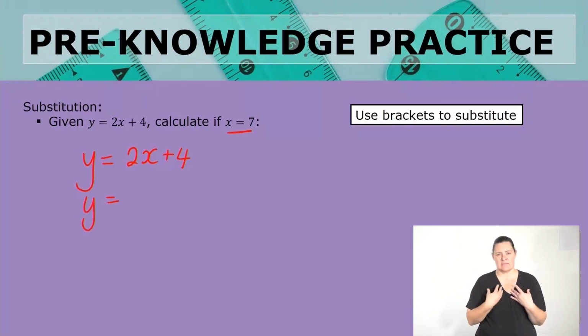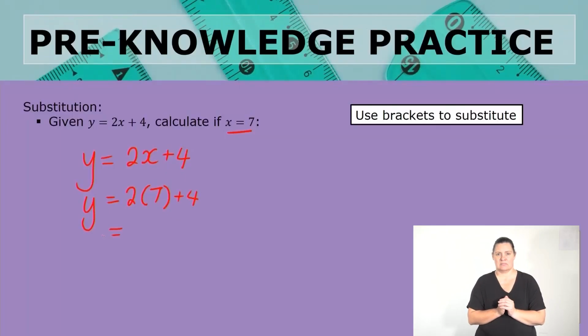We have been given x is equals to 7. This means that in the place of x, I am going to put in 7. Why? Because they are equivalent. They are equal. Two times 7 is 14. When we add the 4, we have an answer of 18.